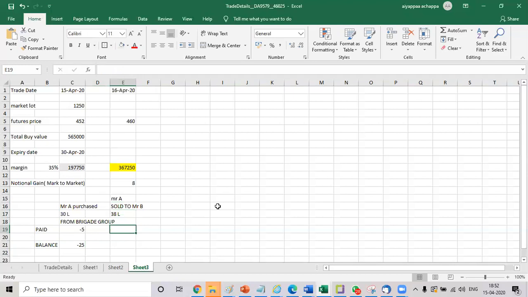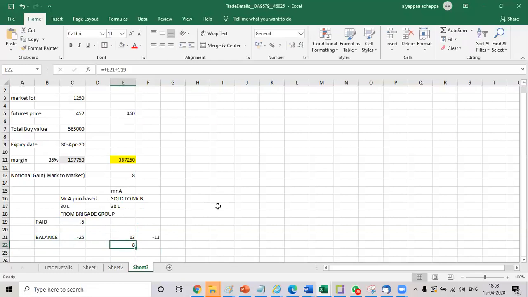So now Mr. B will pay 25 lakhs to Brigade Group and he will pay you another 13 lakh rupees. So you paid 5 and he will pay you an additional 13 lakh. You collect the 13. So you paid 5 lakhs, you're collecting 13 lakh from Mr. B. So your net profit in this deal is 8 lakh.